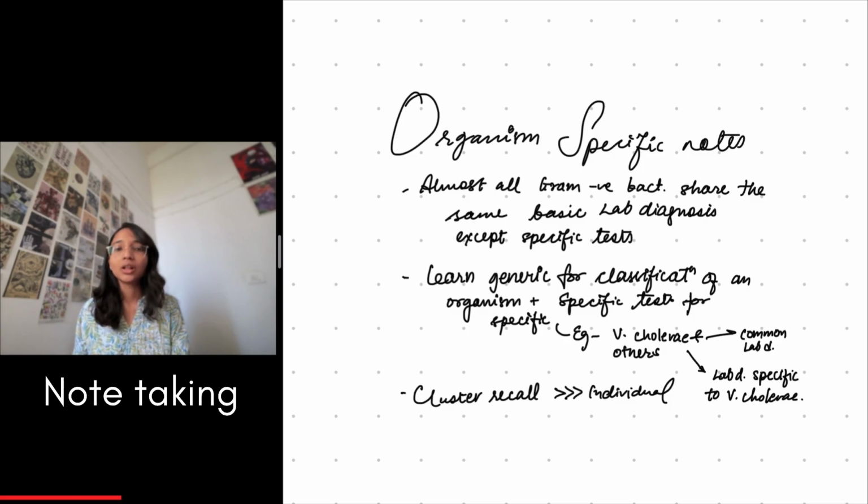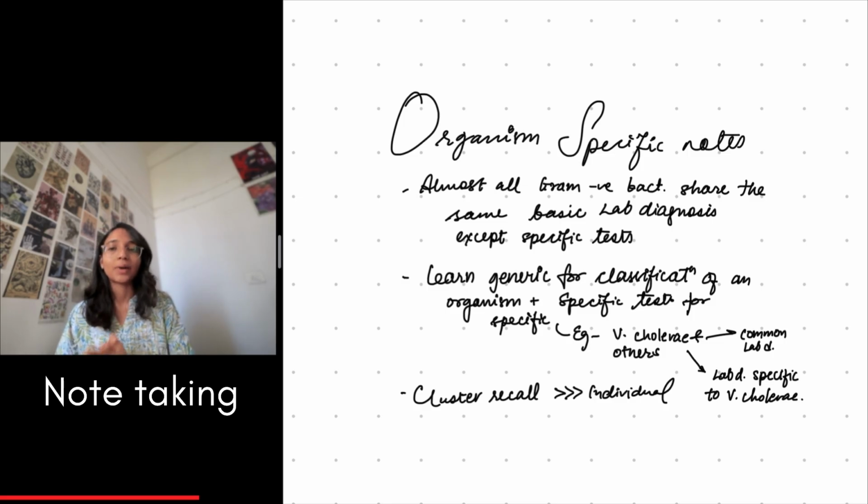Like for example, I've learned the generic classification of an organism. Let's say Vibrio cholerae, which is gram-negative bacteria, right? And others in the same family. So I will do the basic, the gram staining, the media, the transport media, the culture media, right? I've learned all of this. Now I will learn the specific diagnostic tests for Vibrio cholerae specifically.